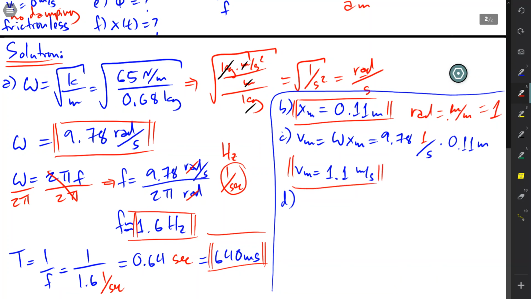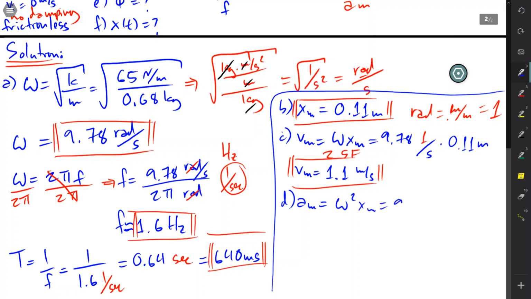It's actually 1.0758. But remember, we're only looking for 2 significant figures. Now the amplitude of the acceleration is the square of the angular frequency, still times that.